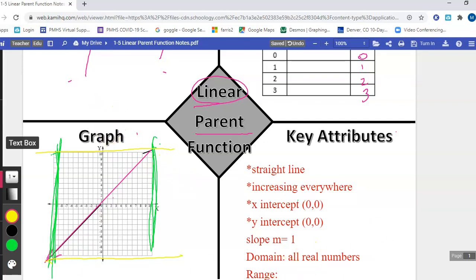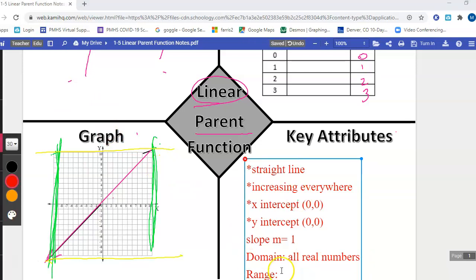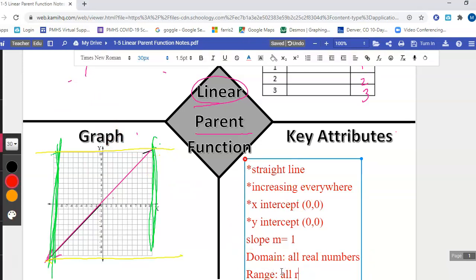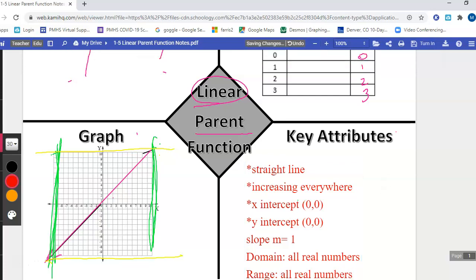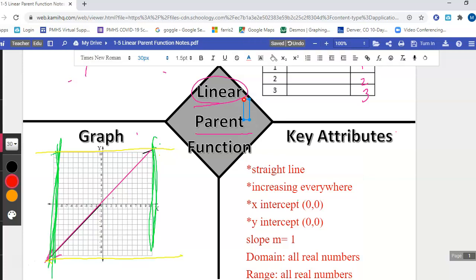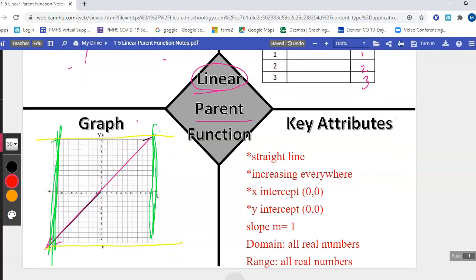So the range is all real numbers. These are the key attributes for a linear parent function, and you need to memorize these key attributes.